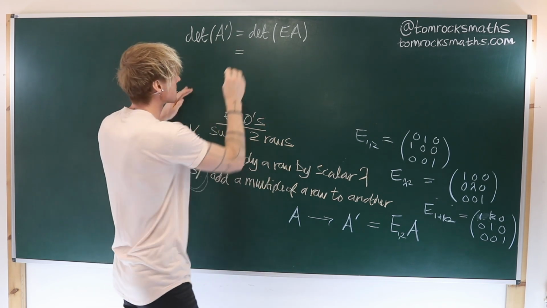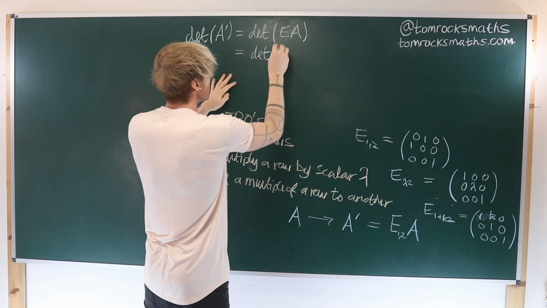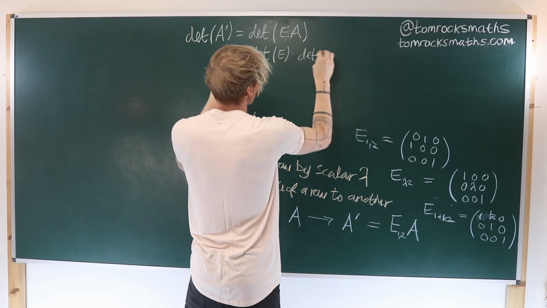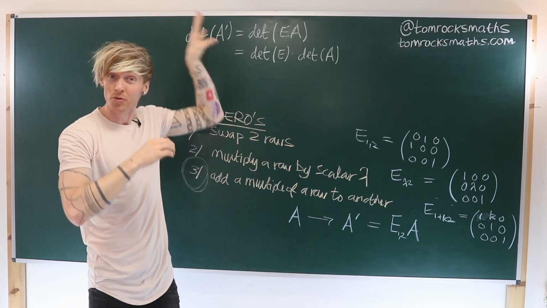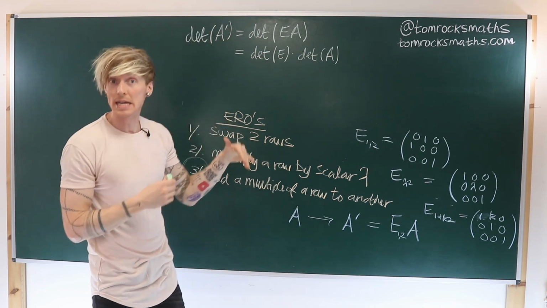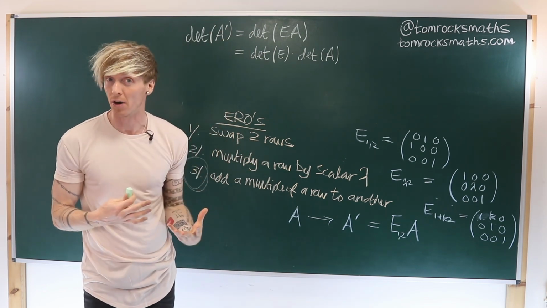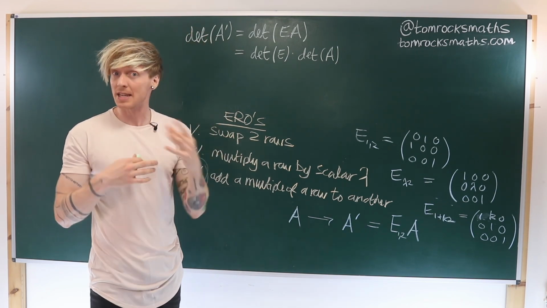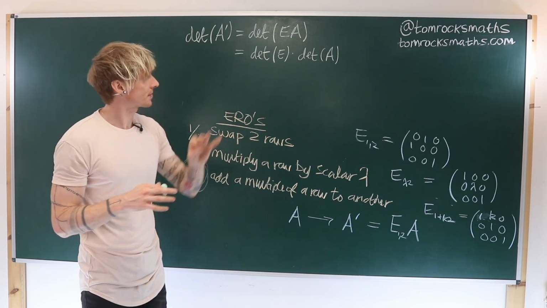And what this means is that when you have the determinant of a product, it's equal to the product of those determinants. Now, this property can be proved using the three properties that the determinant function was defined from, but that is beyond the scope of what I want to cover in this video, so I will leave that as an exercise for the viewer.